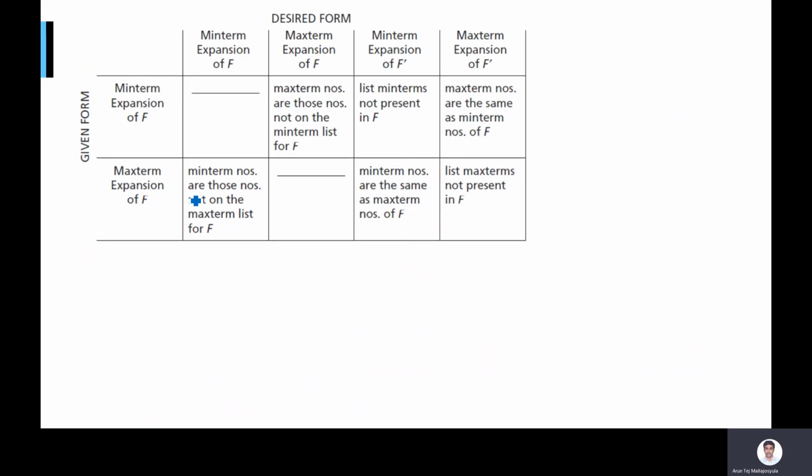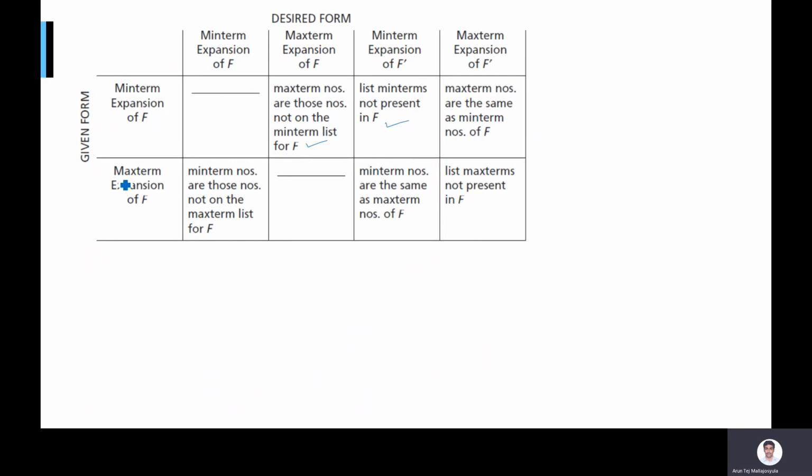So this is written in a table form here. If you have a function given as a minterm expansion, and you want the minterm expansion of f dash, you just list the minterms that are not present in f, right? If you want the maxterm expansion, you use the numbers that are not in the minterm list.